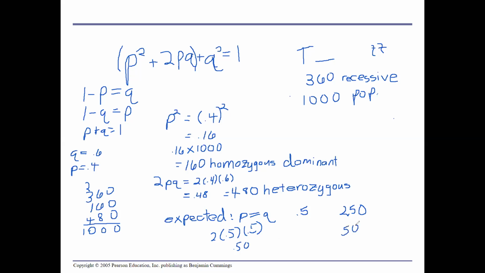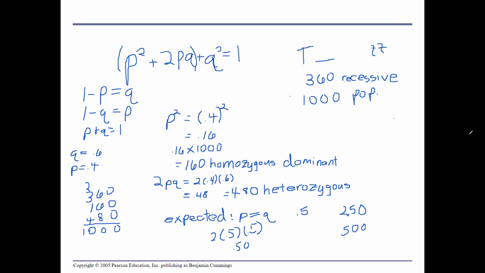So you expect 500 to be heterozygous. That's always the expected, and it's not what you see in any given population for any trait. It's what Hardy-Weinberg predicts for perfect equilibrium, but nothing's in perfect equilibrium. There's usually some pressure skewing things a little bit somewhere.